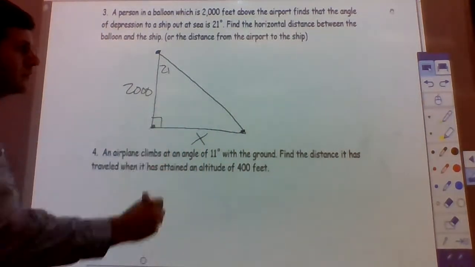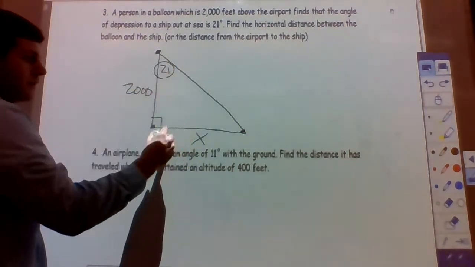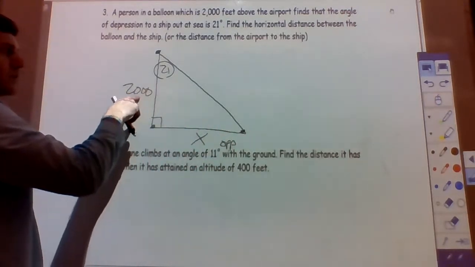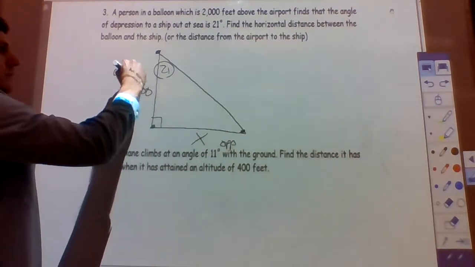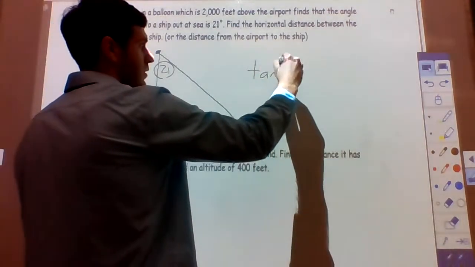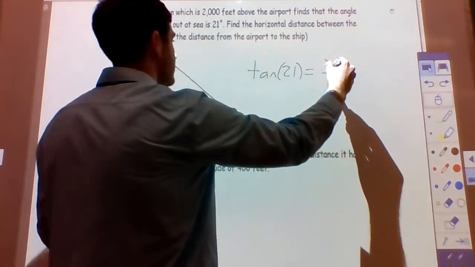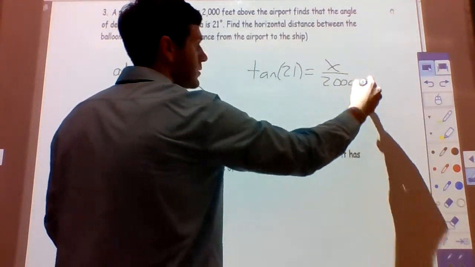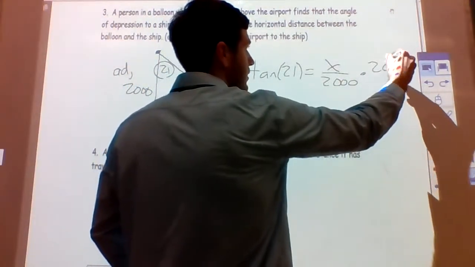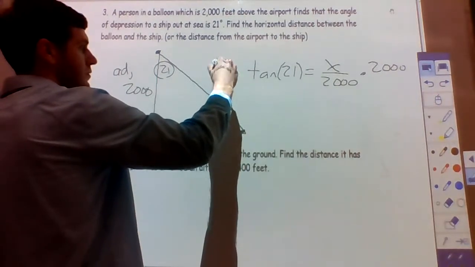Here's our right angle. So across from 21 is x, so that's opposite. The leg next to 21 is 2000, so that's adjacent. So we're going to have the tangent of 21 is going to equal x over 2000. Okay, we want to get x by itself, so we multiply both sides by 2000.